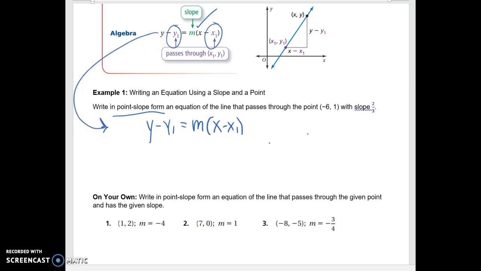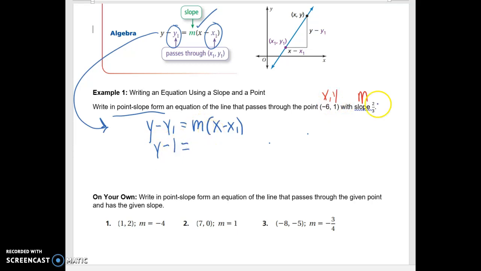The next thing I know is in a point my x always comes before my y. I also know my slope is represented by the letter m. So my next step is to rewrite this equation, but instead of my y1, I'm going to include the y part of my point. So y minus 1.